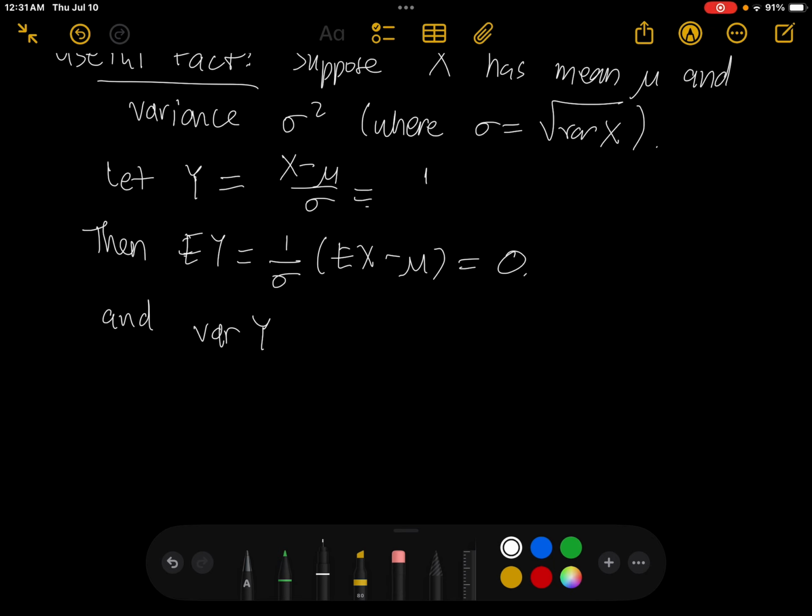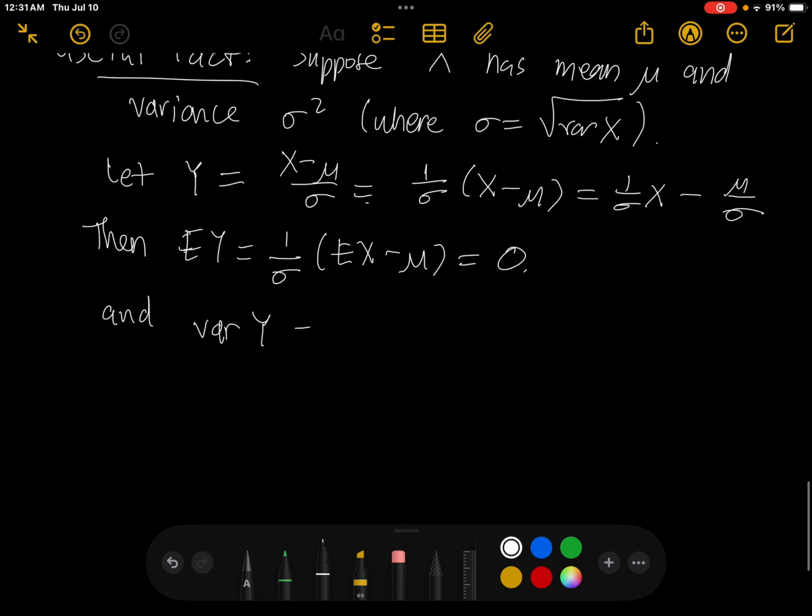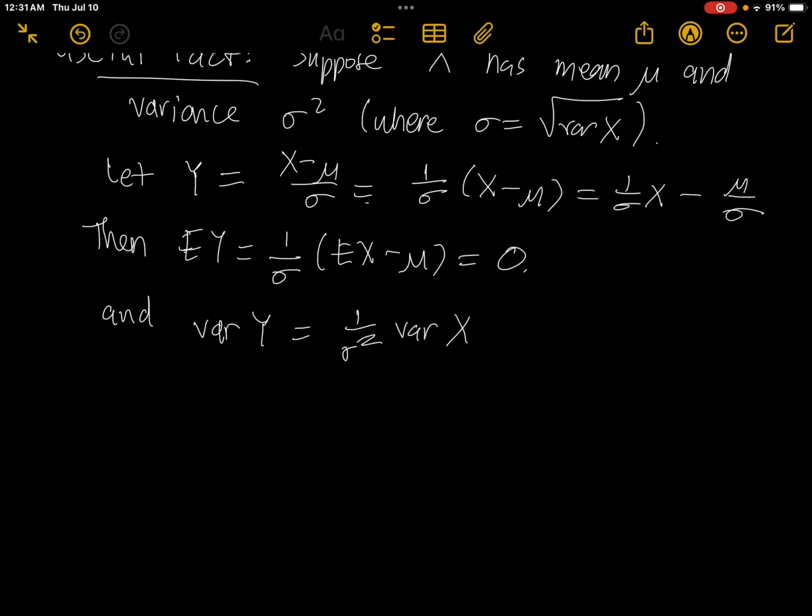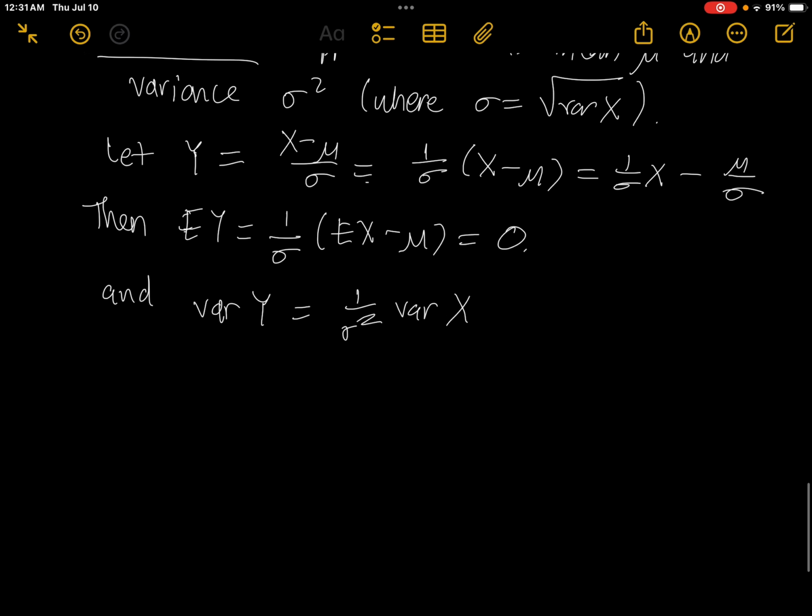So y is equal to this constant 1 over sigma times x minus mu, which is 1 over sigma x minus some constant, mu over sigma. So this is in the form ax plus b, and the variance of y is equal to 1 over sigma squared times the variance of x. But the variance of x was sigma squared, and so this is just sigma squared over sigma squared, and that's equal to 1.